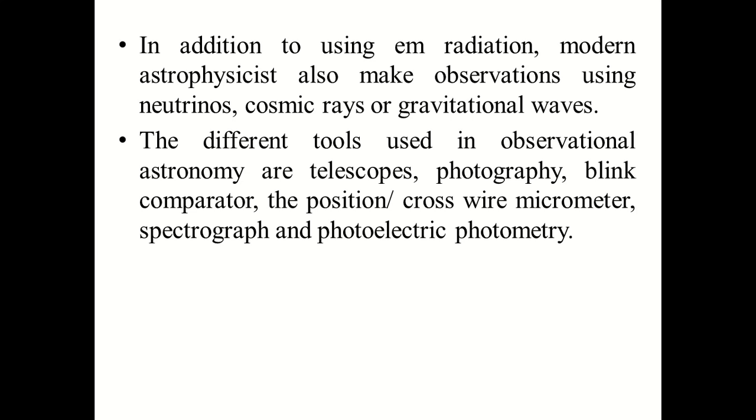The different tools used in observational astronomy are telescopes, photography, blink comparator, position or crosswire micrometers, spectrograph, photoelectric photometry, etc. So these are the different observational tools or instruments used in observational astronomy.